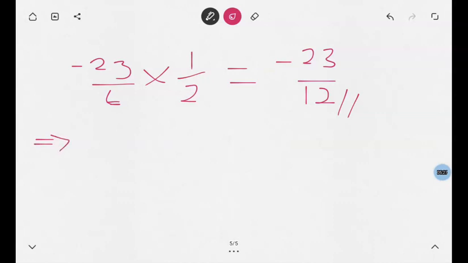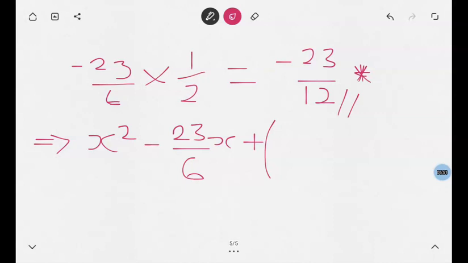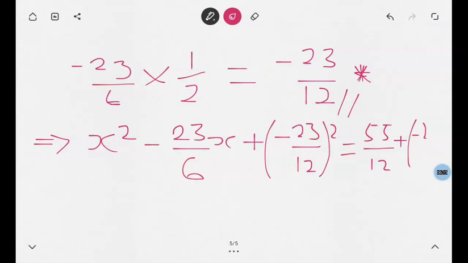So now we have x squared minus 23 on 6x plus minus 23 over 12 squared, and this is equal to 55 over 6 plus minus 23 over 12 squared.